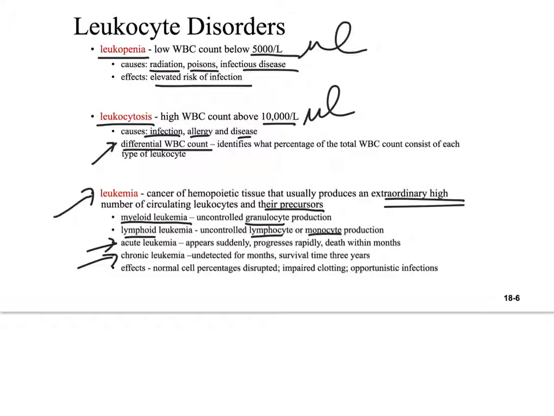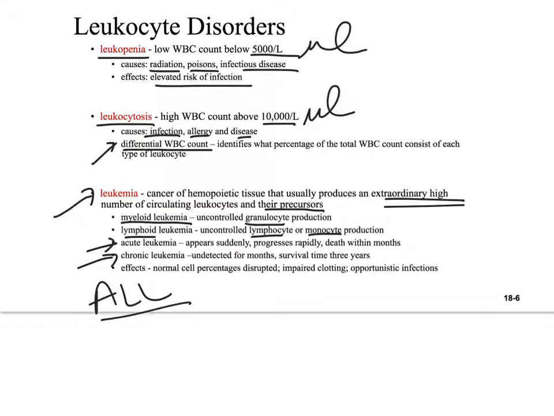Chronic can be undetected, and then you can live for years with the chronic. If you know anyone that has or had leukemia, they'll say it's acute lymphoid leukemia or acute myeloid leukemia or chronic. You hear them talking about ALL and things like that. Those are how they categorize and classify it.